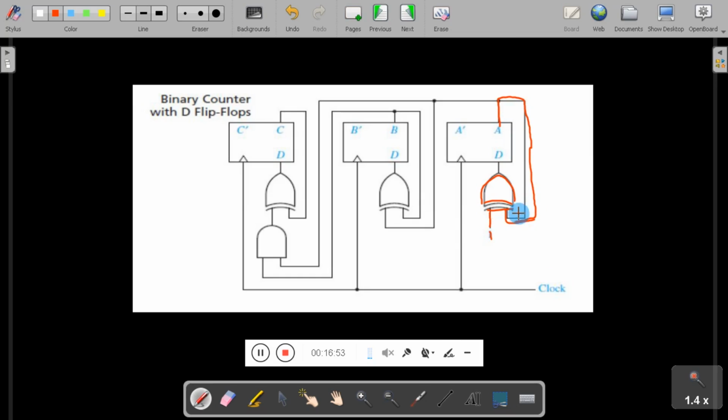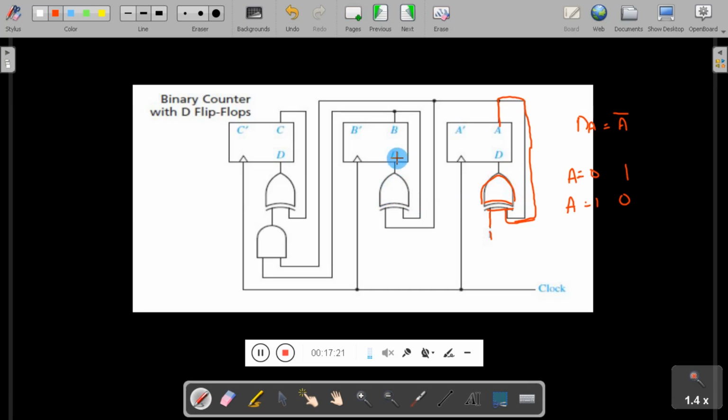That is, if A is 0, then the output of this exclusive OR gate is 1. If A is equal to 1, the output of this exclusive OR gate is 0. So the value of DA is equal to A bar. You can directly connect A bar, but this is another way of connecting to make the design better.